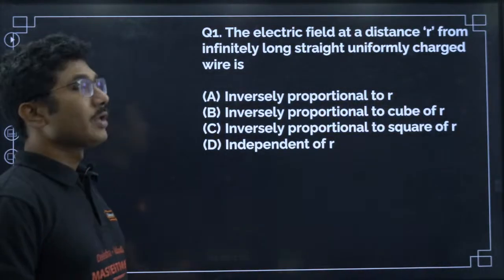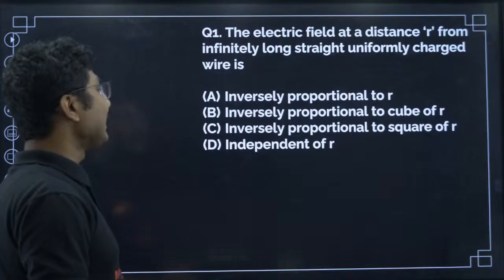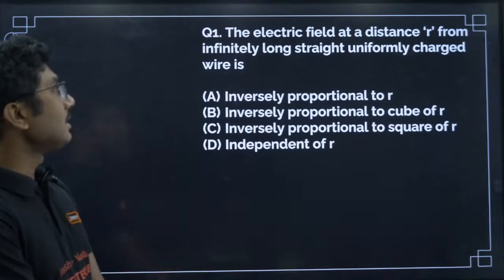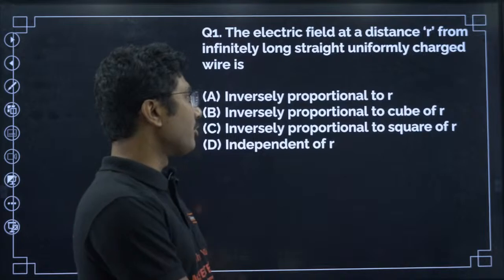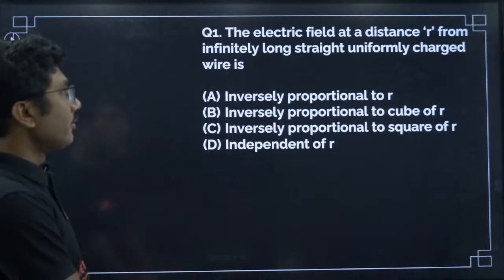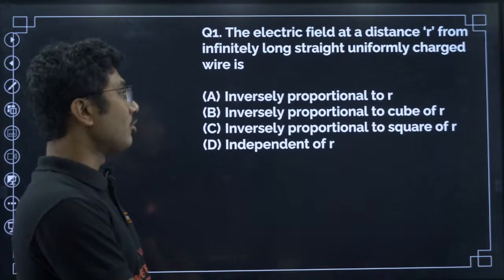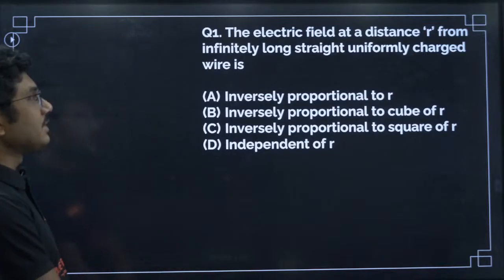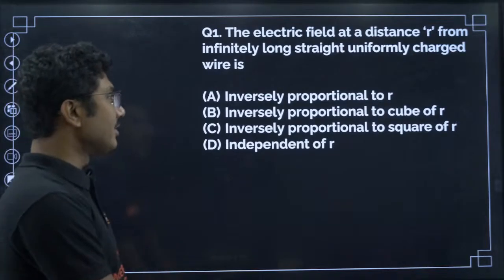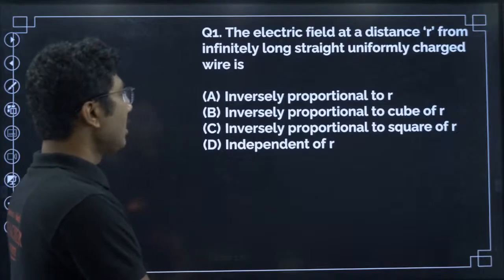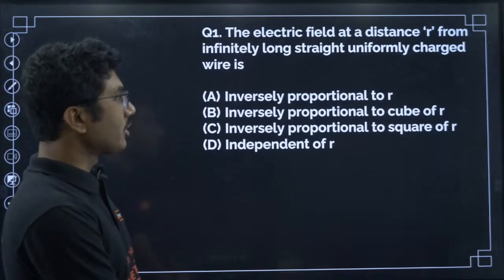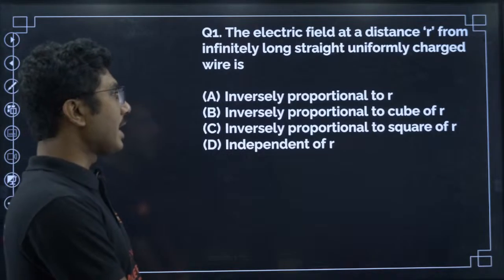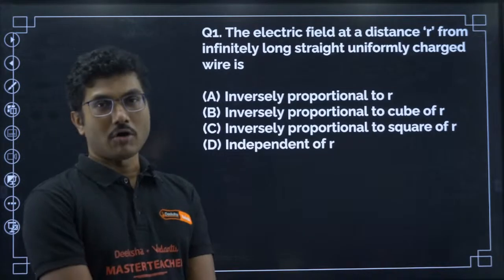First question: the electric field at a distance small r from an infinitely long straight uniformly charged wire is: option A, inversely proportional to r; option B, inversely proportional to cube of r; option C, inversely proportional to square of r; option D, independent of r.